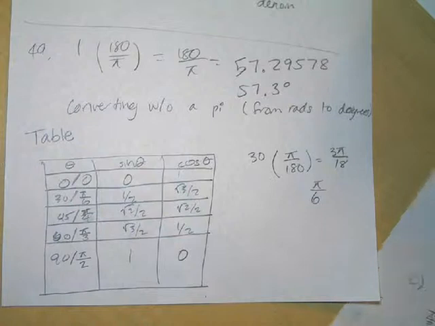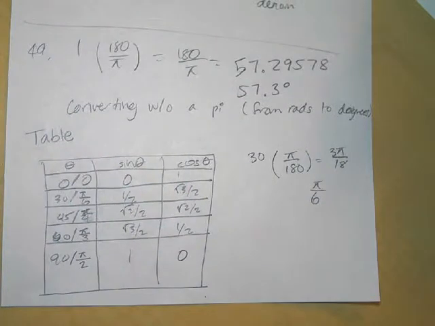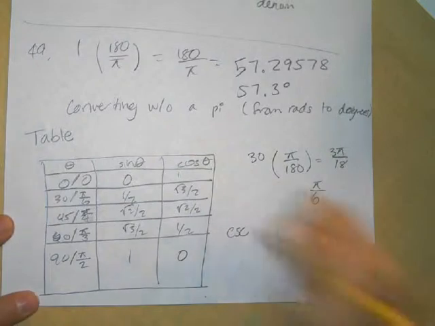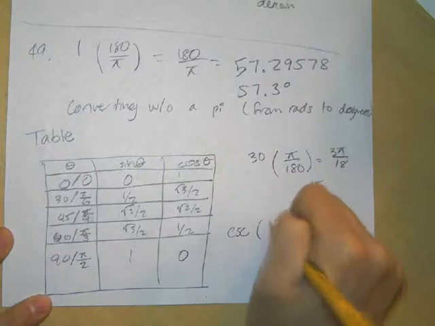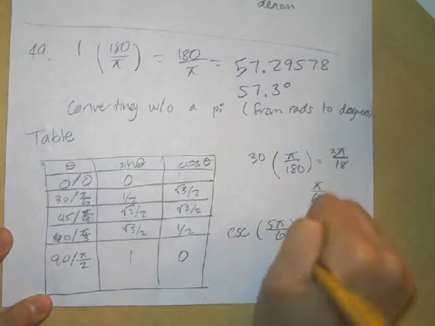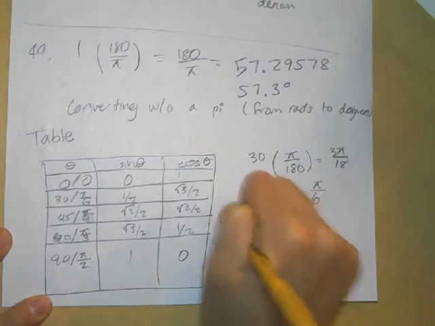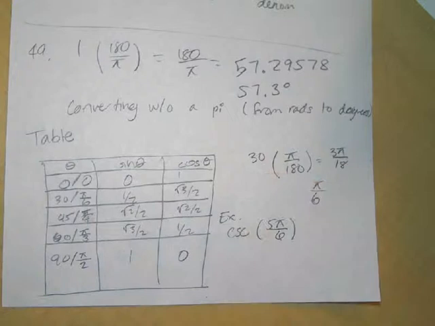So now, what we're going to be doing is just problems involving pi, and they're going to give you the angle in radians instead of degrees. So say they say cosecant 5 pi over 6. Okay, so this is an example. Cosecant, well, first of all, what's the reference angle?